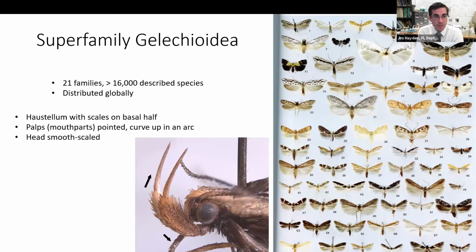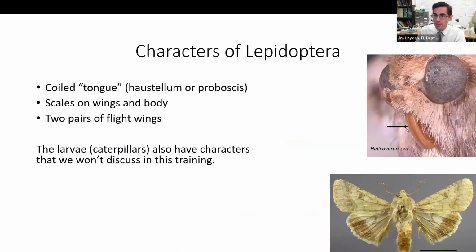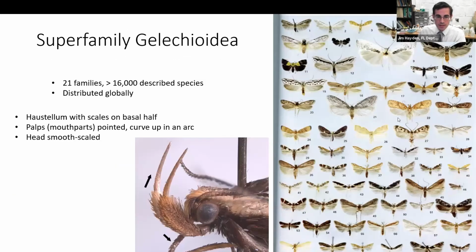Gelechioids have a few distinctive characters. For one thing, the haustellum, or the tongue, has scales on it. It's scaled, unlike the naked haustellum you saw earlier in the other noctuid. This one does not have scales, whereas you can see scales on this tongue.